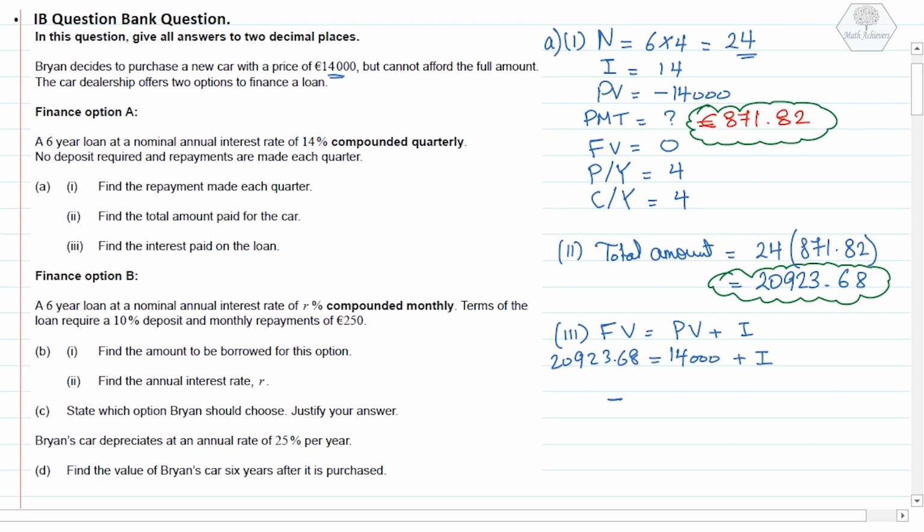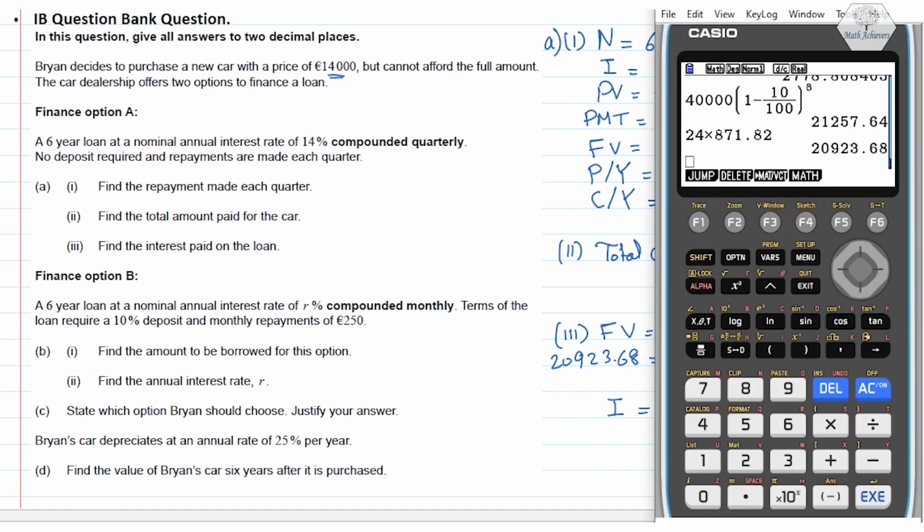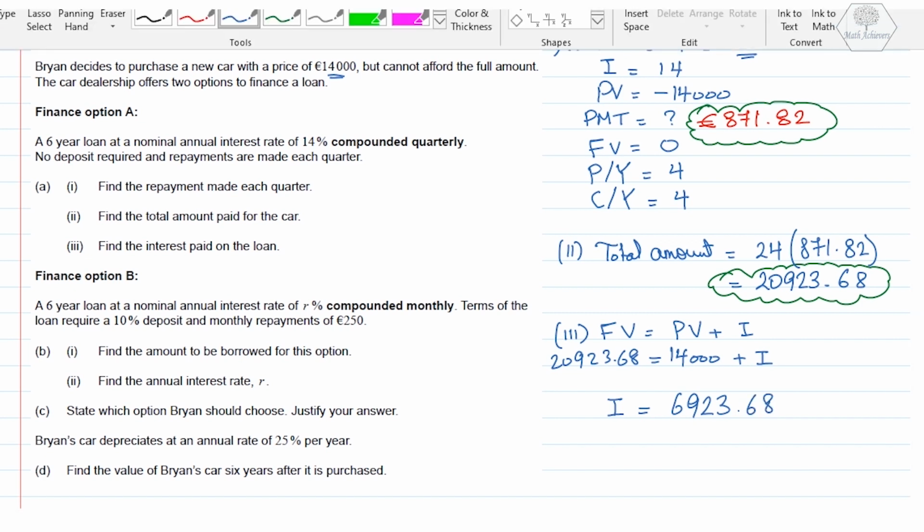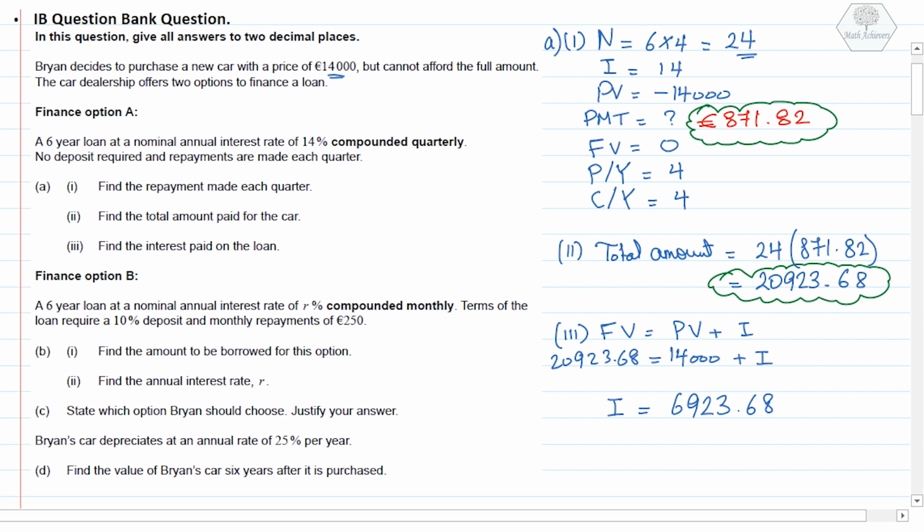So now the interest is simply equal to this answer minus the 14,000, and this is equal to 6,923.68. So this is the interest amount paid.